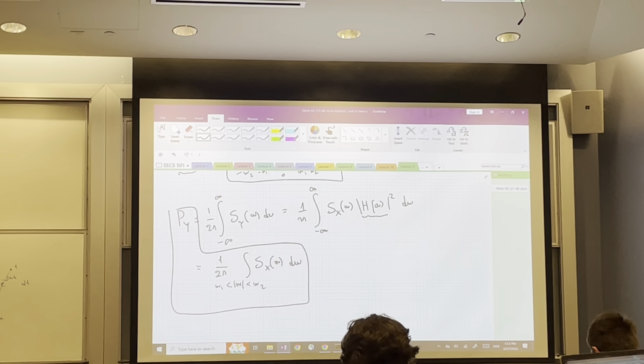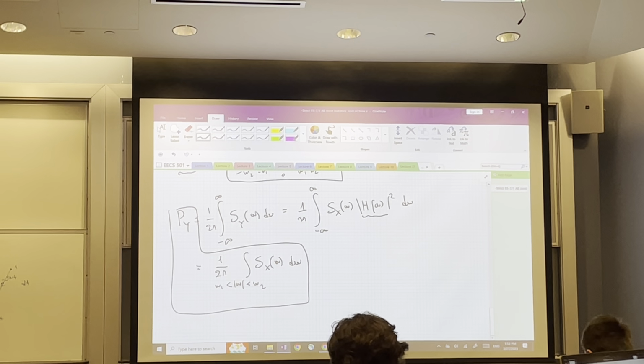But the noise component, because it's generated usually inside the electronics of your device, because there are passive elements there, doesn't change. So this is a standard example of a wide sense stationary process. Okay? So we can trust that this is not some kind of academic discussion. In fact, if anything, this is one of the most practical things people use 501 for, to study this type of processes in and out of LTI systems.